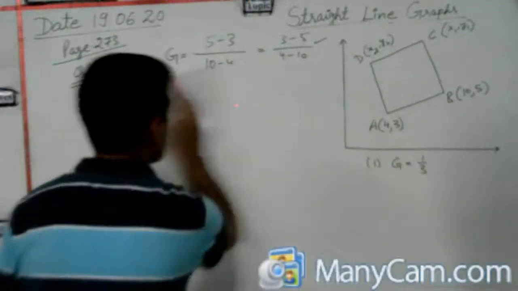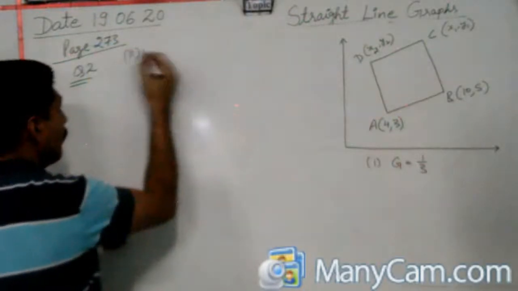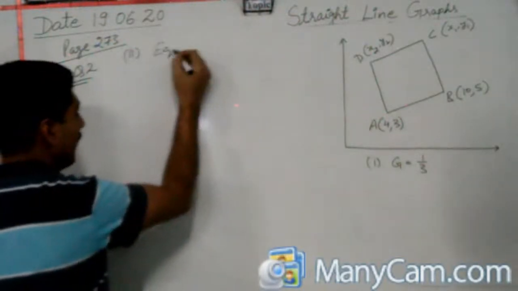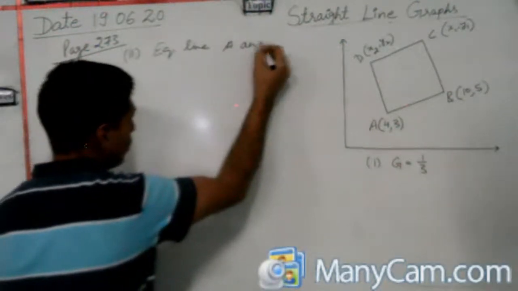Second part, we want to find the equation of line which is passing through points A and B.